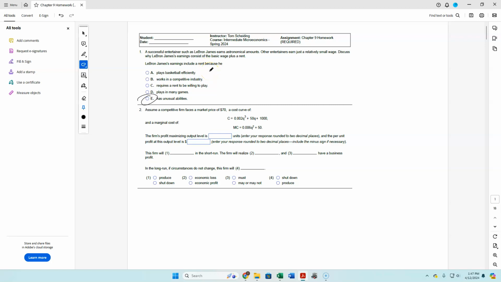Okay, well, let's get to something a bit more interesting here. Number 2. So I've got a market price of 70. Got a cost curve here where the marginal cost is equal to 0.006 q squared plus 50. And essentially, we need to, again, set marginal revenue equal to marginal cost.